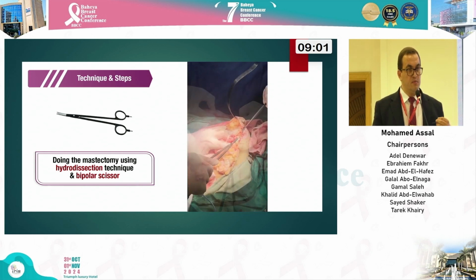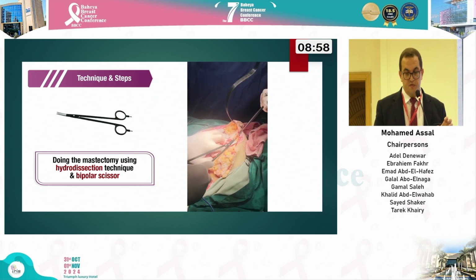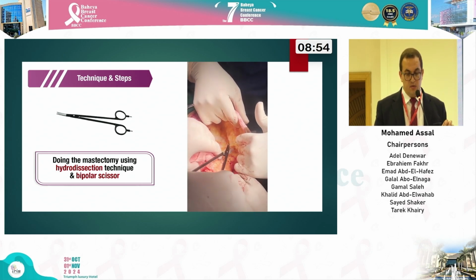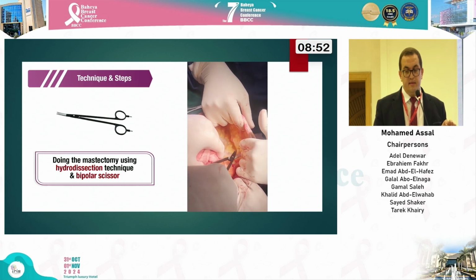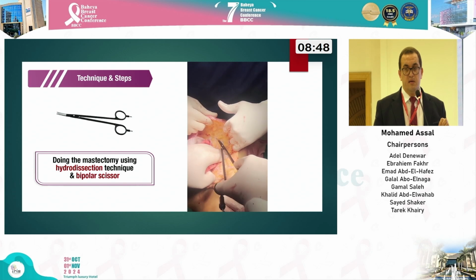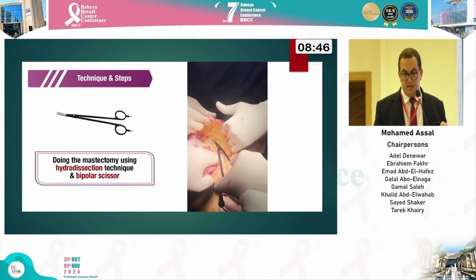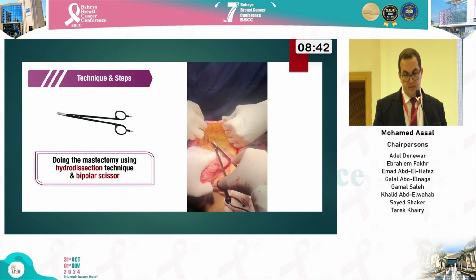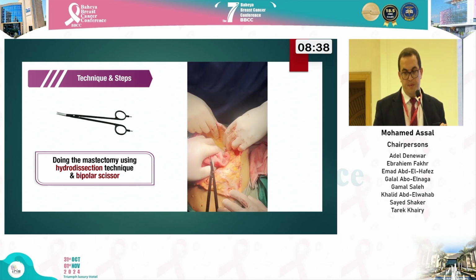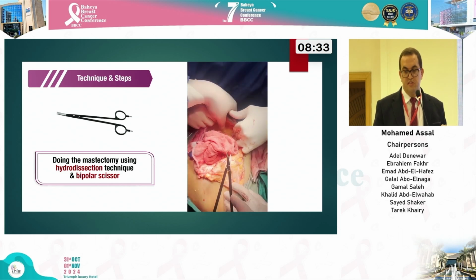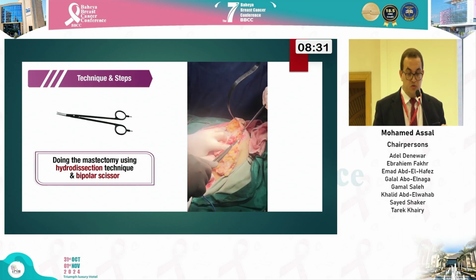The bipolar scissor makes us control the thickness of the flap and avoid injury to the subdermal plexus, the blood supply to the nipple, and avoid the complications of the hydrodissection technique alone, like rebound bleeding and post-operative bleeding, as you can see. We have done many more cases with the bipolar, and we are pending publication of a comparison of different types of conservative mastectomy using bipolar scissor.